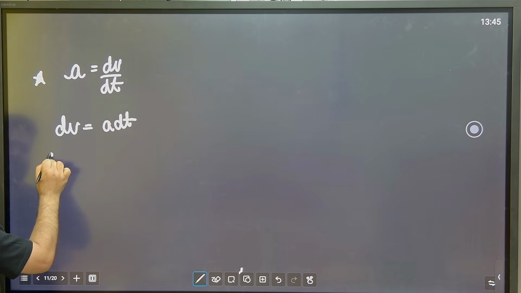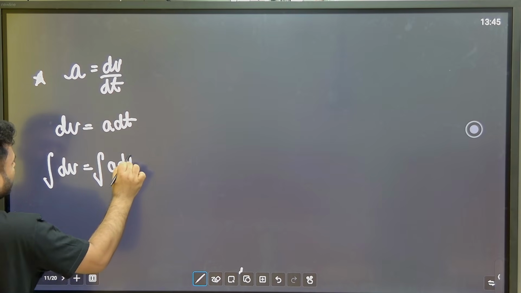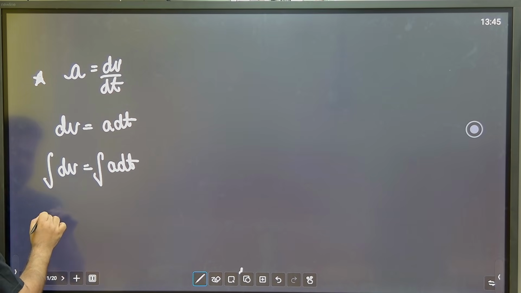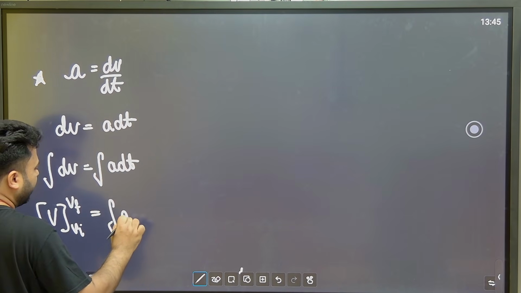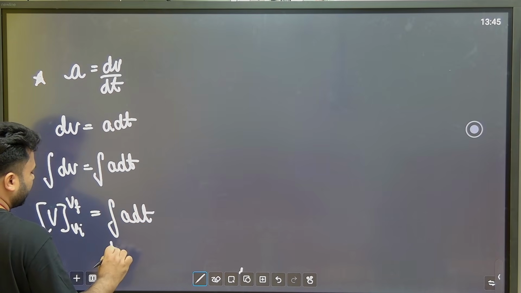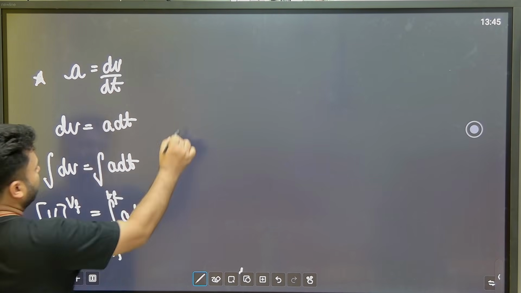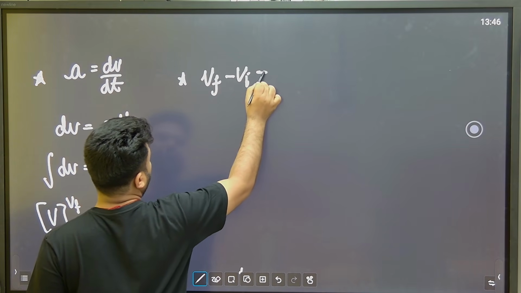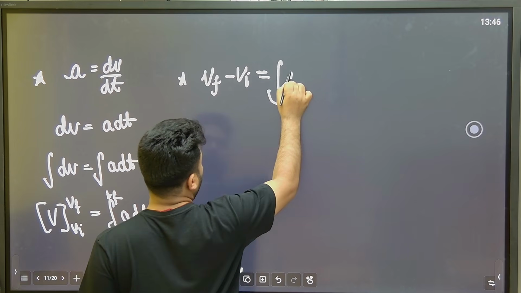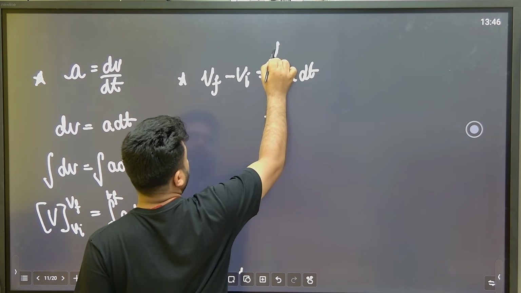You integrate both sides, so integration of dv equals integration of a dt. Integration of dv will be v from v initial to v final, equals integration of a dt from time initial to time final. Now upper limit minus lower limit will become final velocity minus initial velocity equals integration of a dt from t1 to t2, or t final.